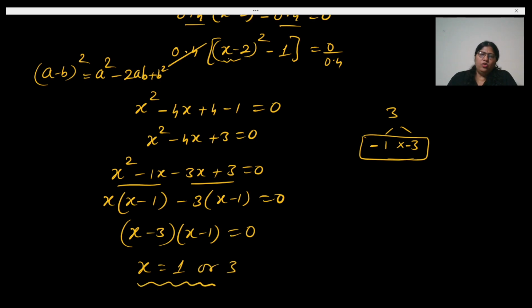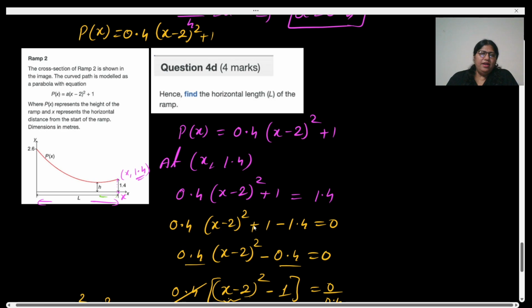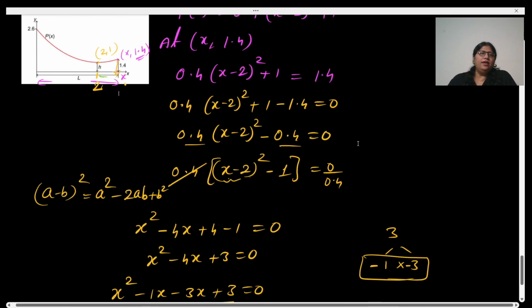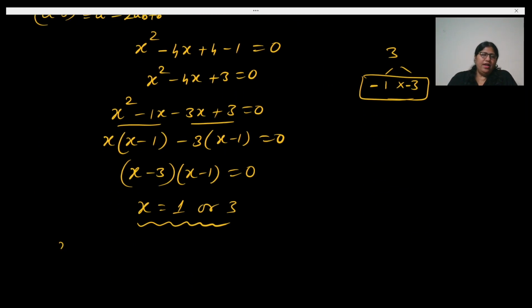Now here there are two solutions. So look at your ramp here, because you already have the vertex coordinate, which is (2, 1). Now this place is 2 and this is the right side of x, so we cannot take x less than 2. So x cannot be equal to 1, because this point is to the right side of the vertex, which should be more than 2, right?